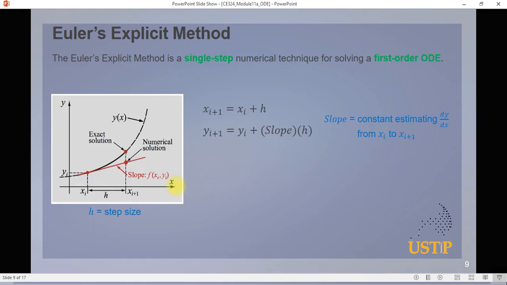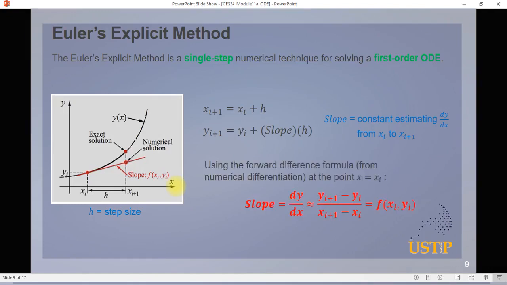You can use any method, just like what we do in numerical differentiation, to solve for the estimated value of dy over dx. In this example, we will be using the forward difference formula.